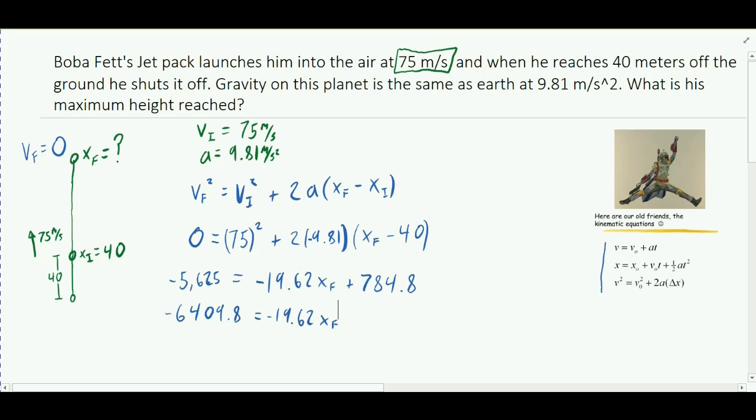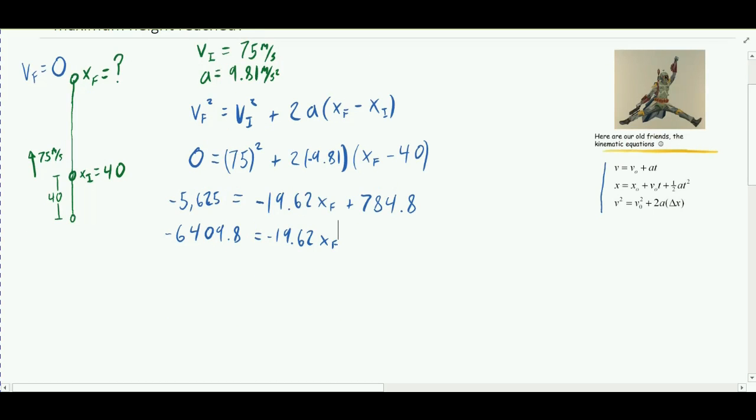And this will yield a final answer of XF 326.7 meters. And we can go ahead and round that to 327 meters above the ground.